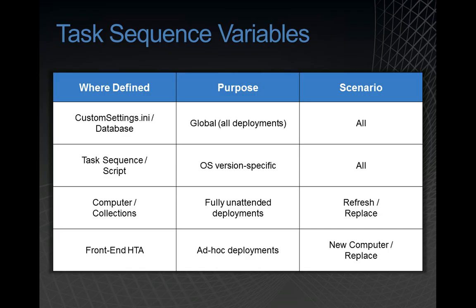I will be demonstrating next how I leverage all four locations for defining deployment rules and task sequence variables to support the deployment of Windows XP, Windows Vista, and Windows 7 for the new computer, refresh, and replace scenarios using the 6 task sequences we reviewed previously.